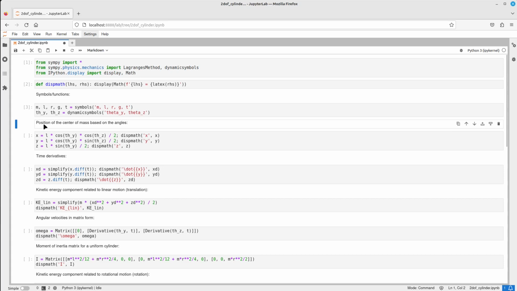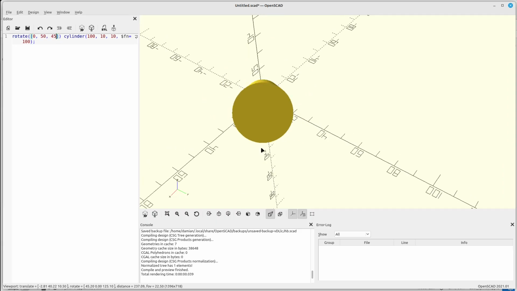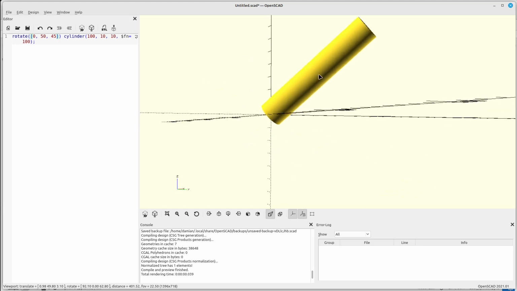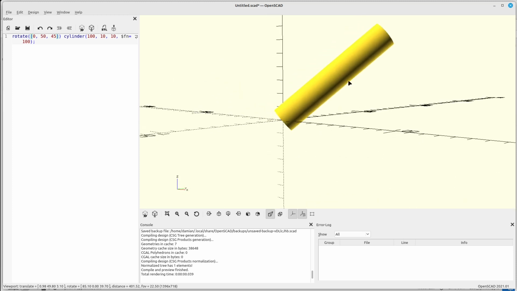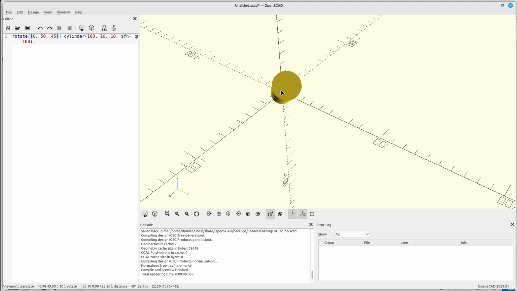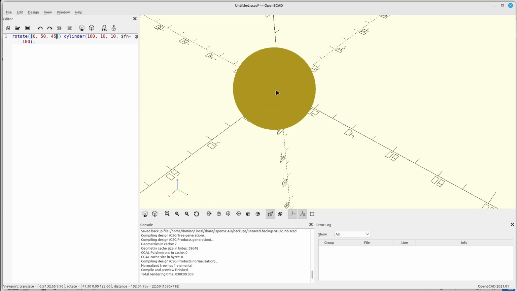And now we have to define the position of the center of mass based on the angles. So the center of mass would be halfway the length or the height of this shape, and also at the center of this circle if you look from above, like here.